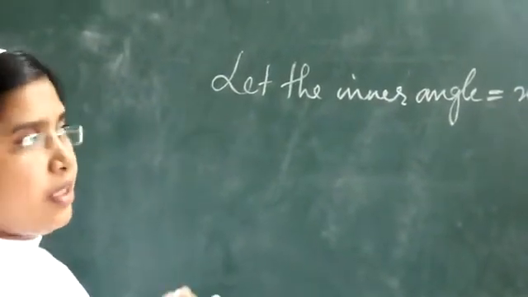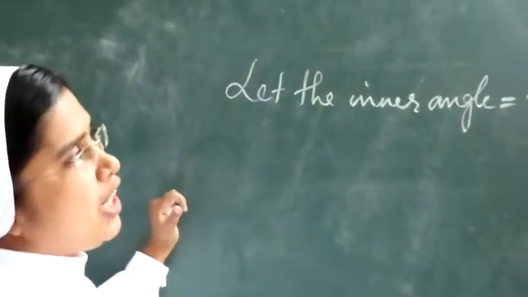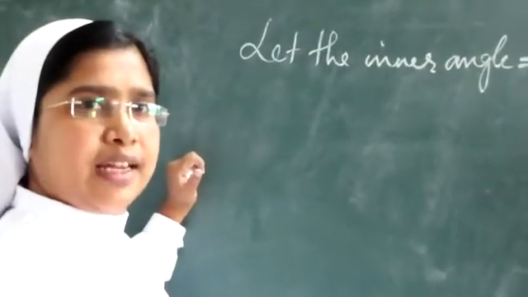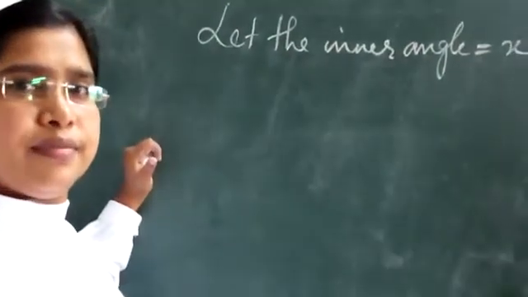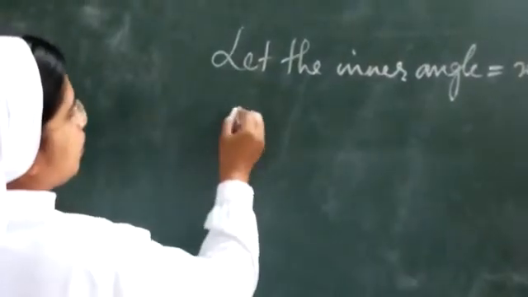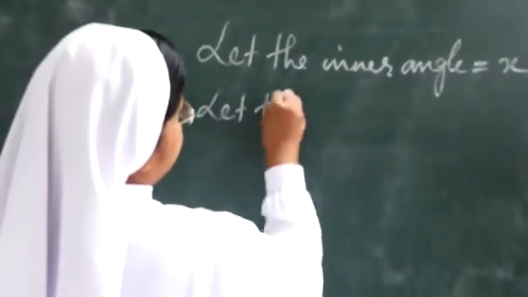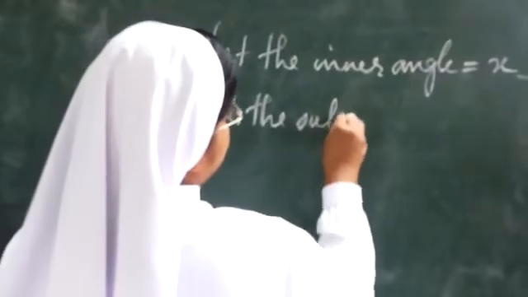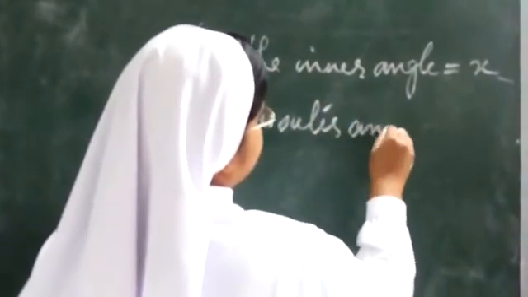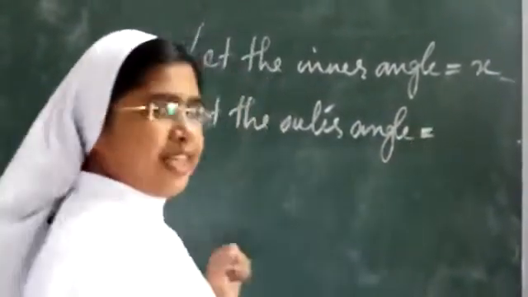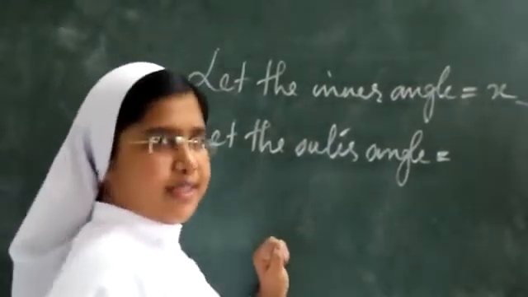It is said that one outer angle is twice an inner angle. So the outer angle is equal to 2x.